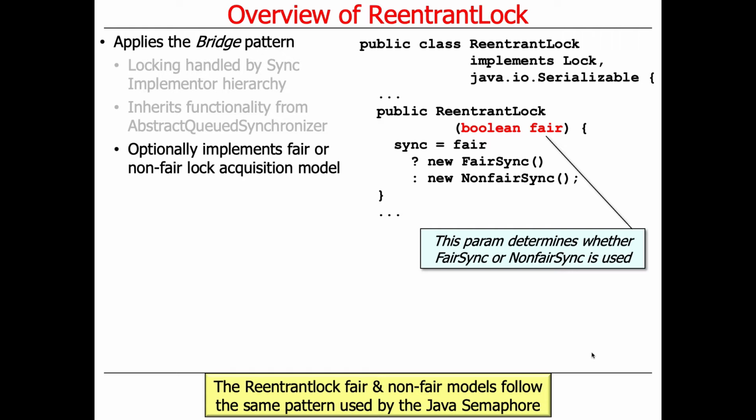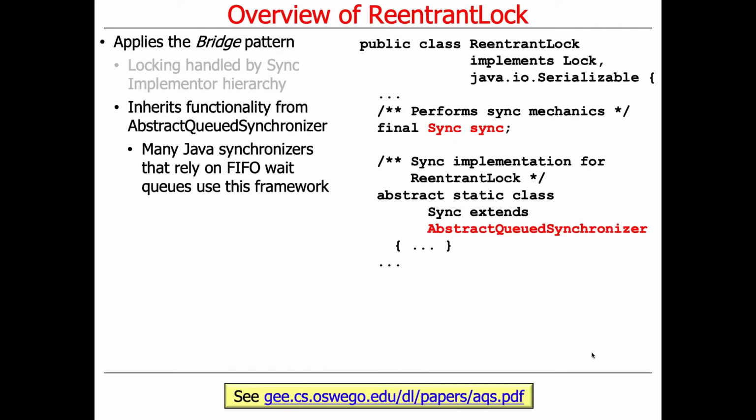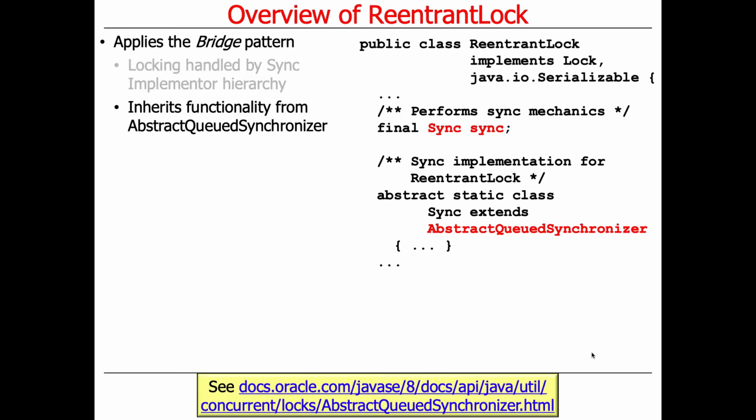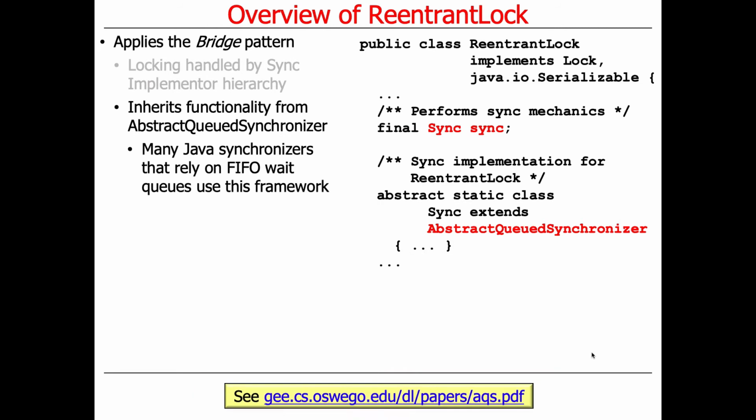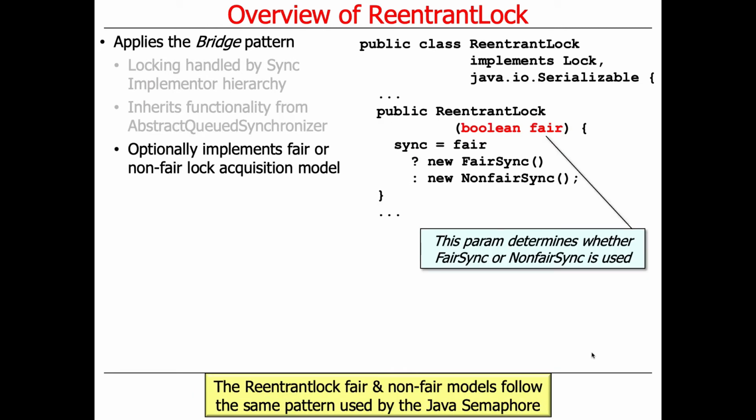The cool part here is that you can have fair or non-fair semaphores. And that's basically done simply by having different subclasses of Sync. As you saw over here, we can have fair sync or non-fair sync. In the constructor for ReentrantLock, there's a couple of constructors.